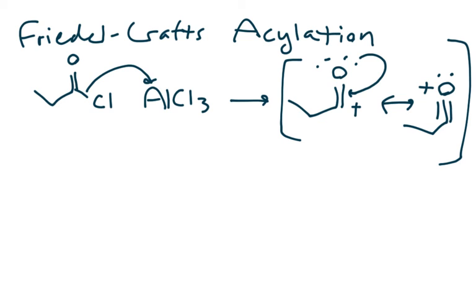And remember that resonance beats inductive effects, so even though inductively the oxygen is withdrawing electrons through a dipole, it's also giving them through resonance, and resonance is more powerful, so therefore this thing is pretty stable, and this cation is not going to want to rearrange. So that's useful for us, because now we can take benzene, and benzene can attack the cation.